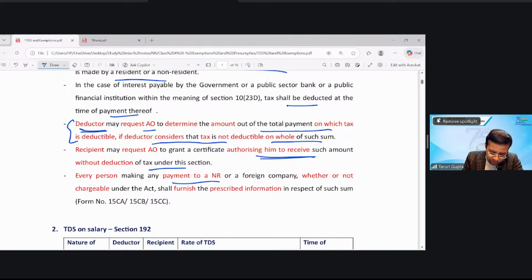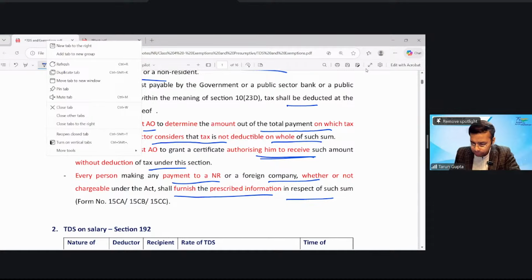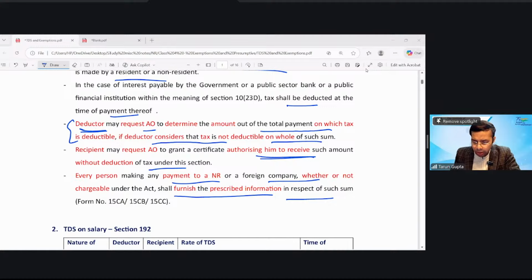So every person making any payment to a non-resident or a foreign company, whether or not chargeable under the Act, even if tax has not been deducted on such sum, still shall furnish the prescribed information in respect of such sum. You are with me? So this completes our section 195.